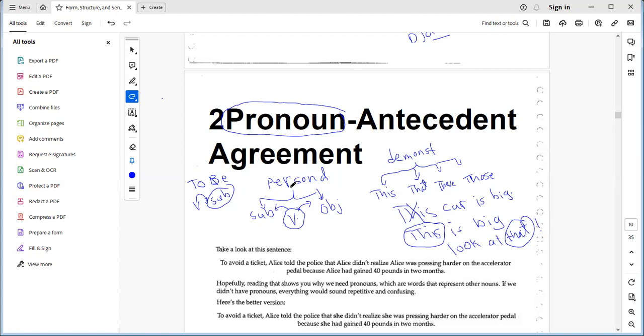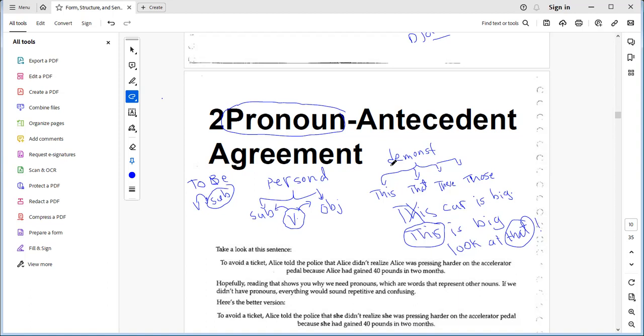Okay, thank you. So again, we have personal pronouns, demonstrative pronouns, possessive pronouns, indefinite pronouns, and interrogative pronouns. I'm just telling you now the things that are vague, the ones that you're going to have trouble determining what kind of pronoun they are.